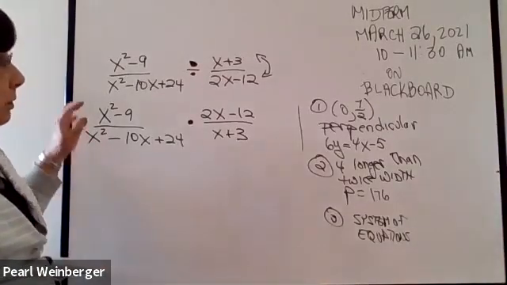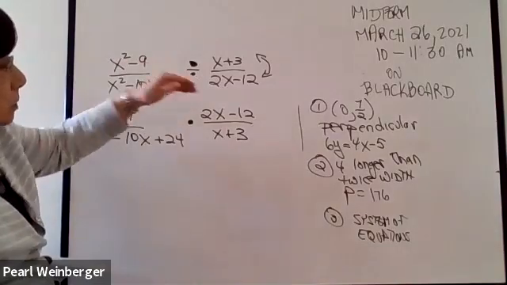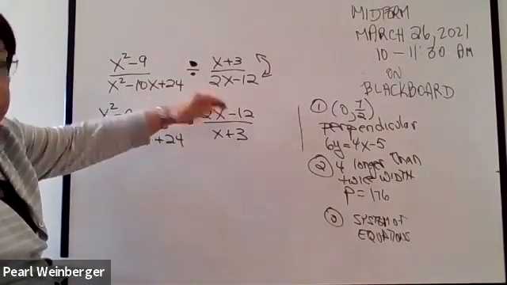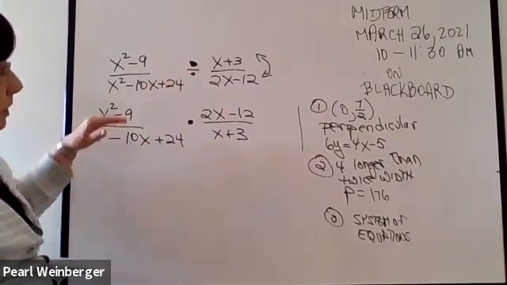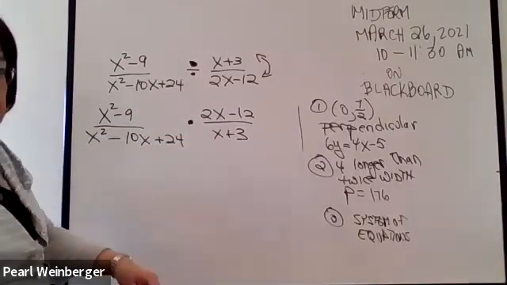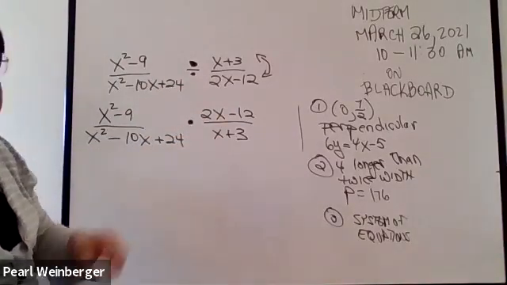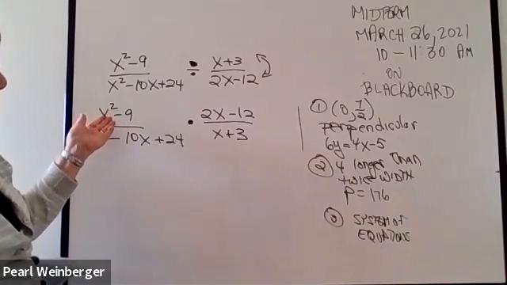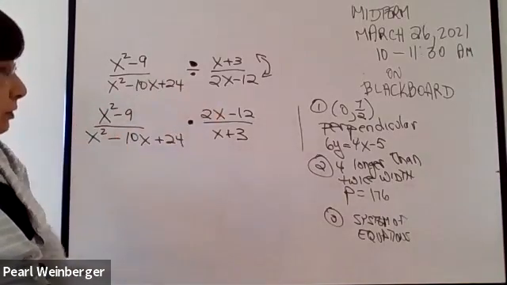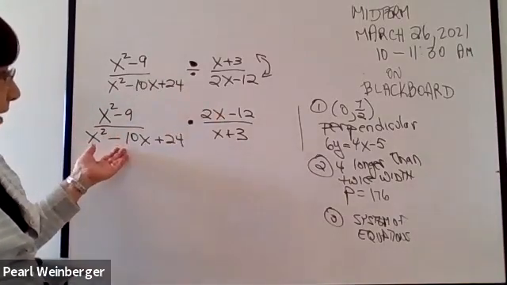Now, we know the rule in multiplication is that you have to multiply the numerators together and multiply the denominators together. But if we start to multiply these things, first of all, I have to do FOIL in the top, and on the bottom, I can't even do FOIL.